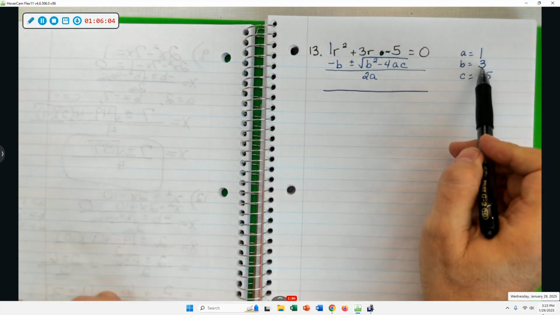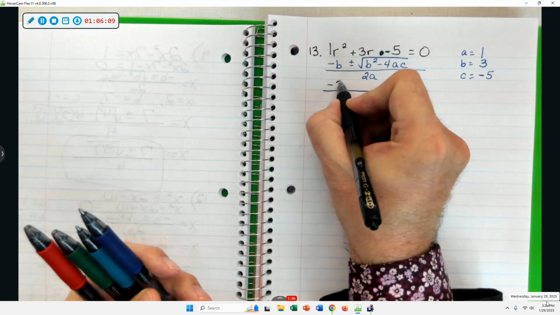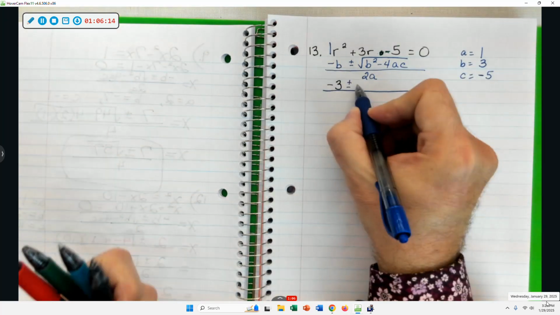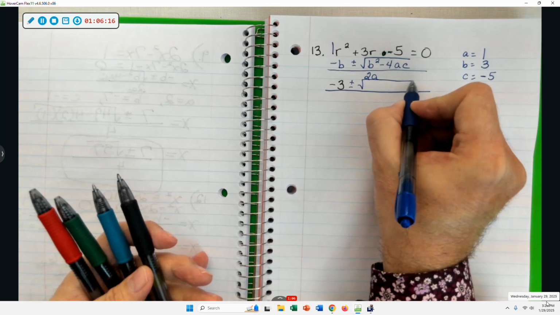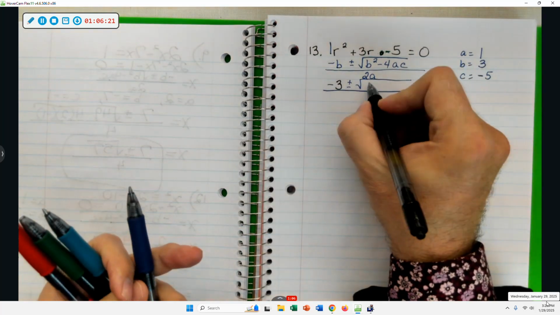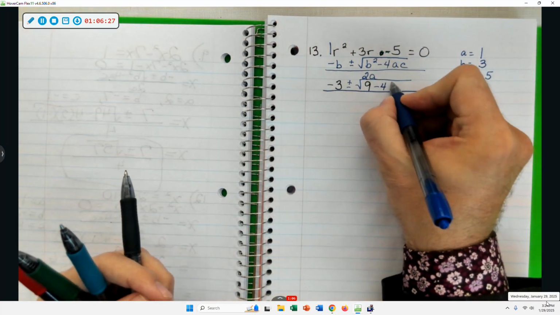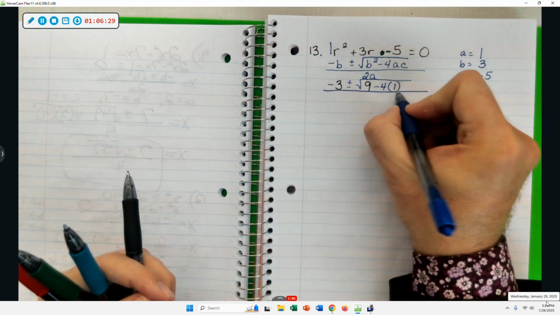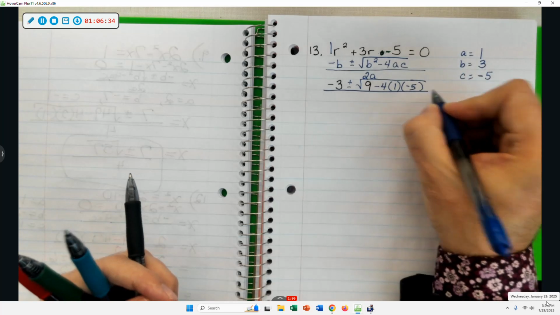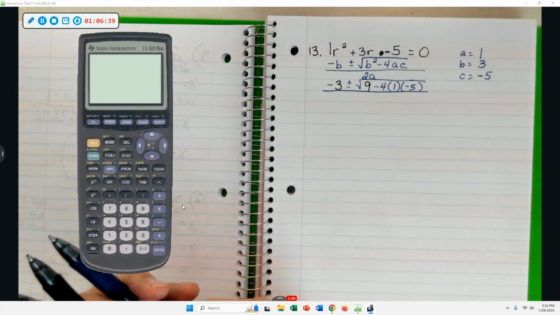Well, changing the sign on 3, you're just going to get a negative 3, plus or minus. What are you going to get for b squared? 3 times 3 is 9, okay. And then we have a minus 4 times a times c, all over 2 times a.